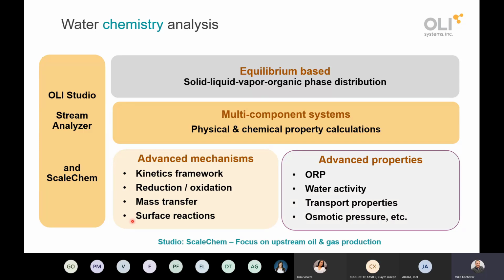We handle mass transfer, surface complexation reactions, and then some other advanced properties: oxidation reduction potential, activity of water, transport properties, and then osmotic pressure can be important as we move into the water treatment end of your systems.